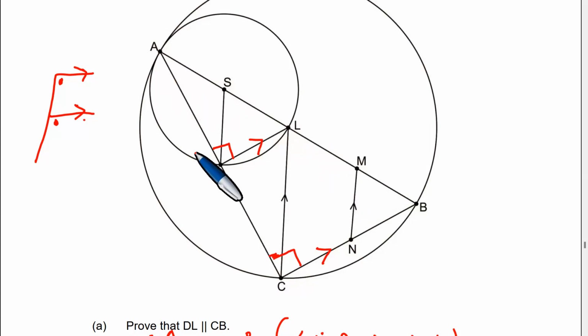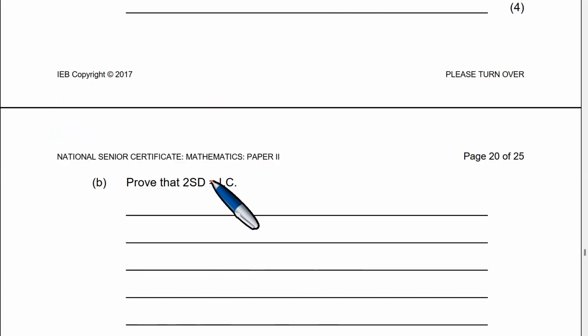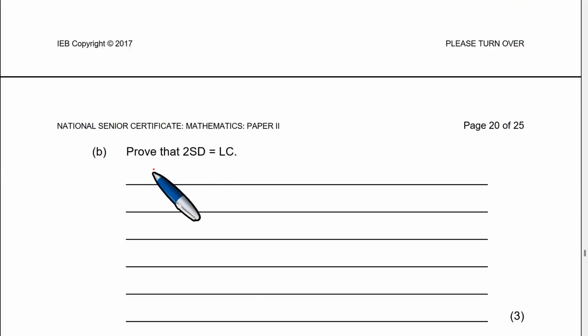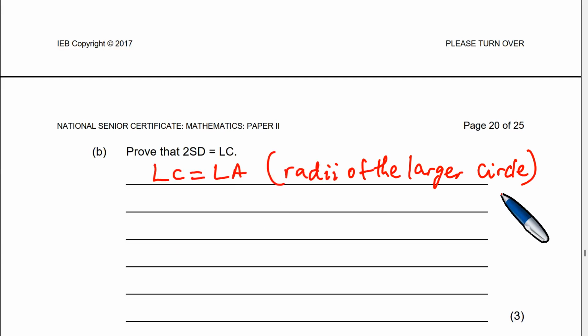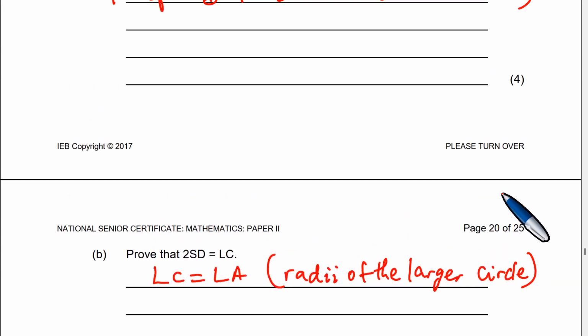So LC is equal to LA. They are radii of the larger circle.